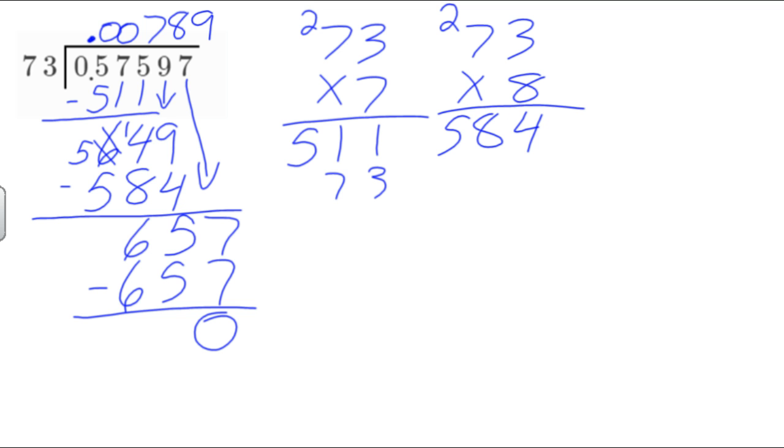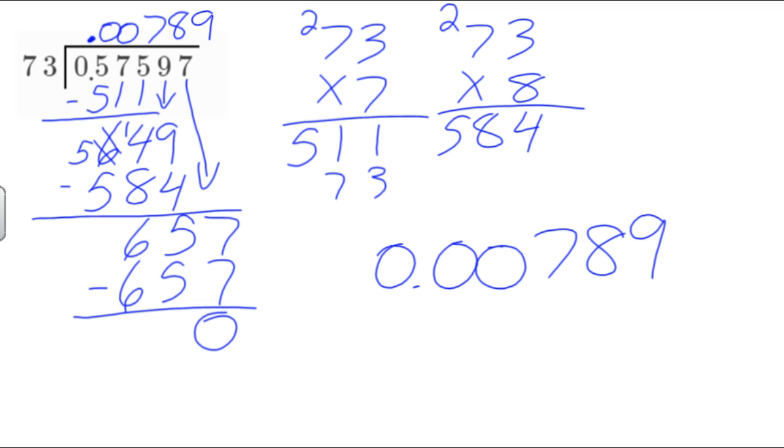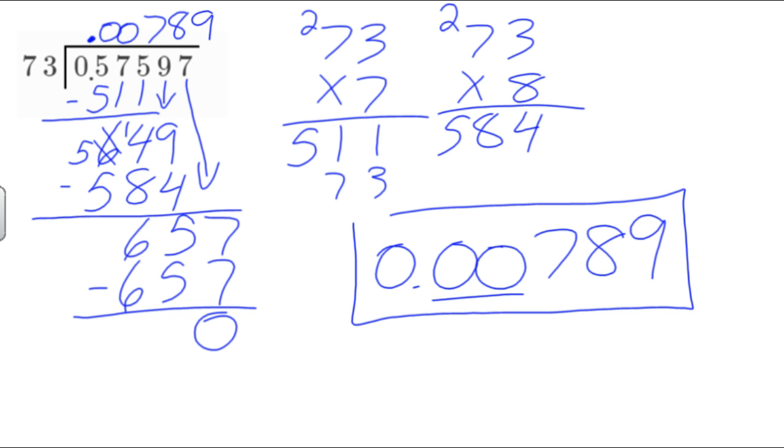A remainder of 0. I have no more numbers to bring down. So my answer is 0.00789. Many people will forget 1 or 2 of those and get the answer wrong. There you are. All right. Good luck.